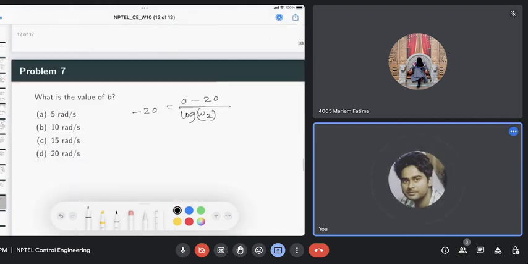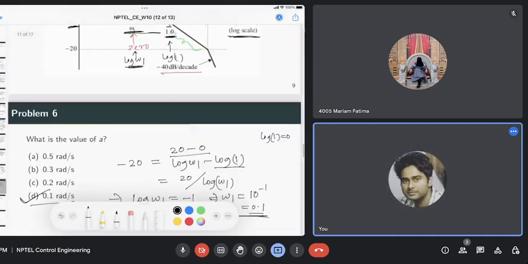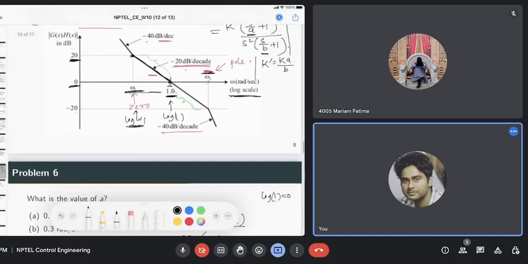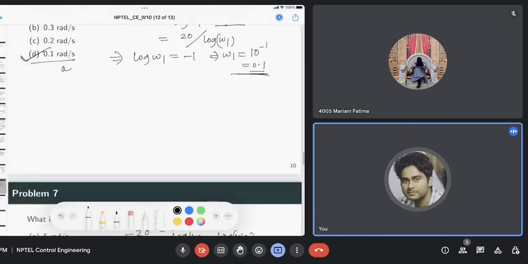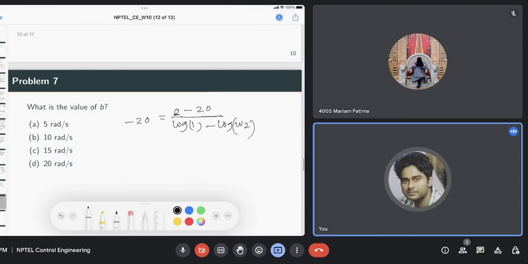For 0 the corresponding x value is log 1, and for minus 20 it is log omega 2. So minus minus is plus, right?